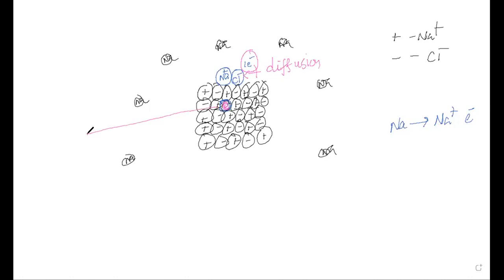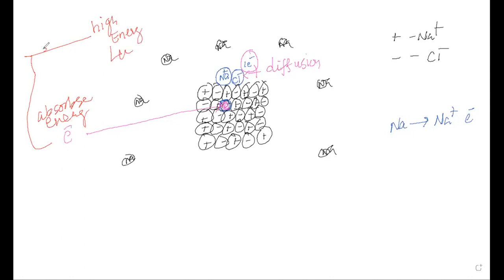This electron absorbs energy and goes to the higher energy level. And when this electron comes down to the lower energy level, it produces the color.